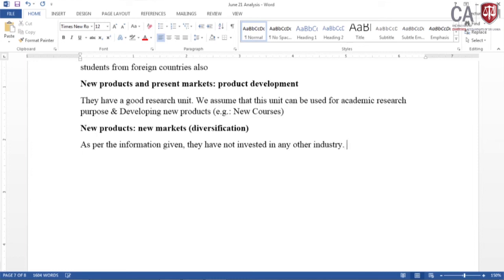So they can consider entering into profitable related and unrelated industries. So that is the solution we have given.